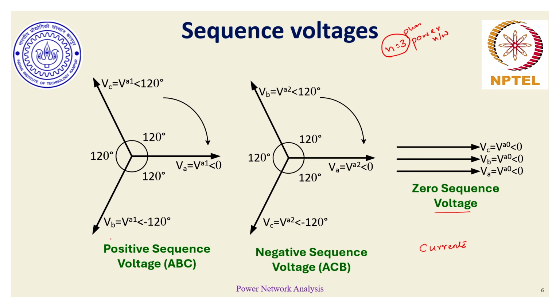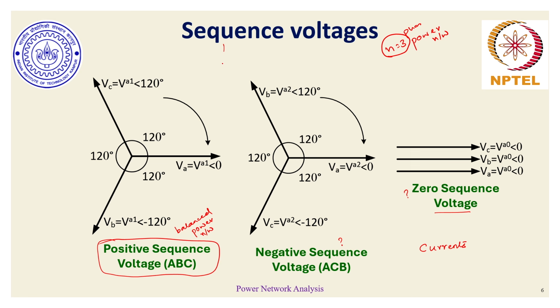Positive sequence voltage is the inherent or natural form of operation of a balanced power network, because, as I mentioned, synchronous generators inherently produce these voltages as per their design. Negative sequence and zero sequence voltages, or negative sequence and zero sequence currents, may turn up mathematically under certain unbalanced conditions.